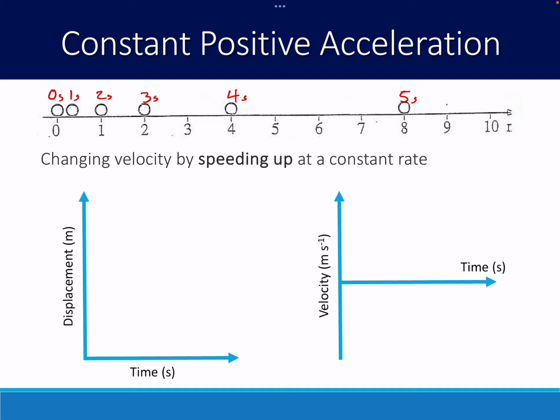But ultimately what we're going to see with a displacement time graph is that in the first few seconds, the displacement's not changing very much, and then it's getting further and further each second. So you can see here we're starting with a velocity of 0, and that velocity is increasing over time.